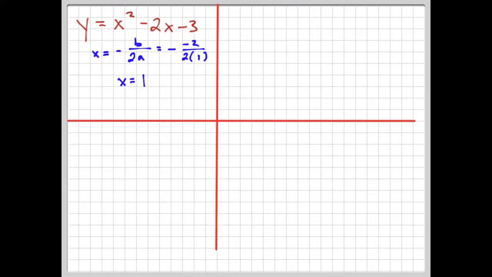What's our next step after we found our axis of symmetry? We've got to find our vertex. And how do we find our vertex? Plug in that axis value, that x value, for x.